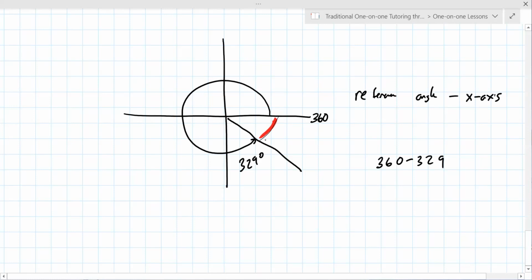How much further do you have to go? Use the calculator. There's no reason to guess here. You got technology at your disposal. 31. Yes.